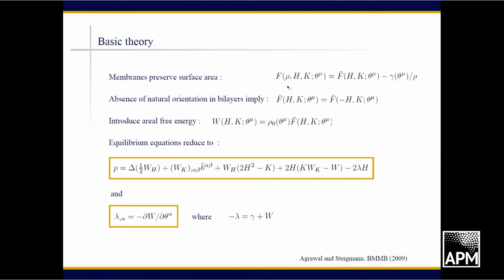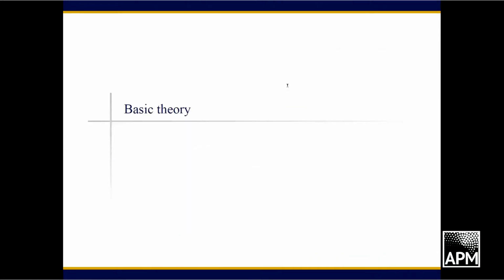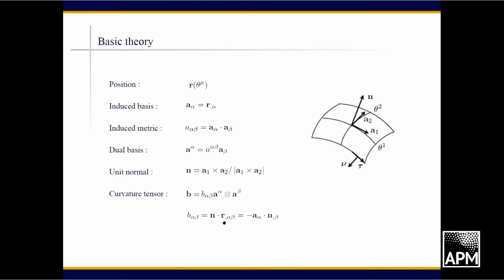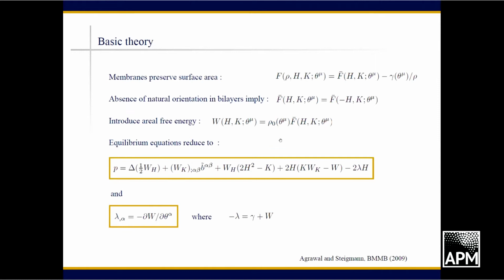Also, the bilayer, back to the figure here, is unoriented. That is, there's a reflection symmetry of the system with respect to the interfacial plane. That reflection symmetry implies that the energy is an even function of the mean curvature.